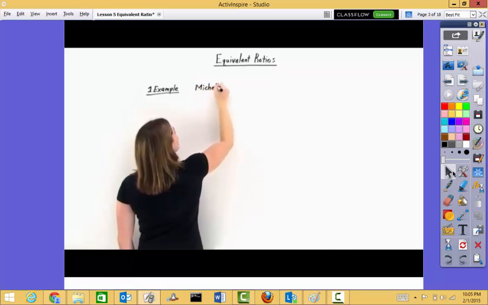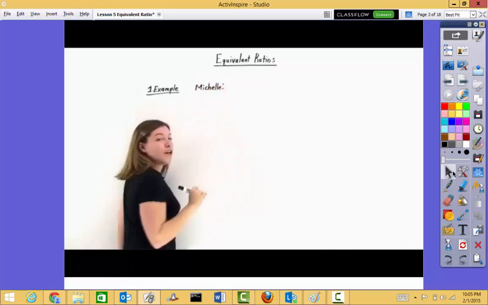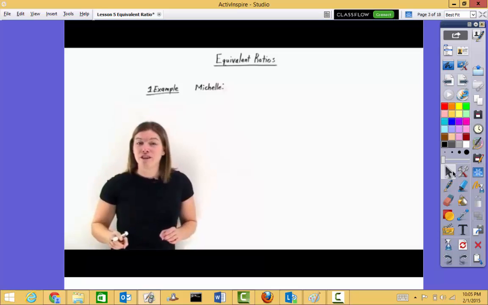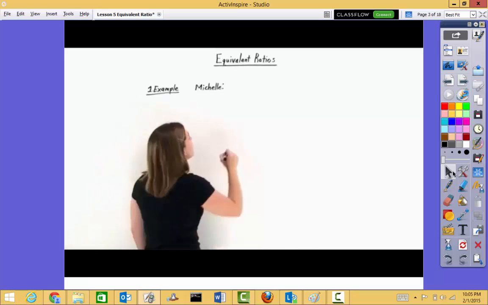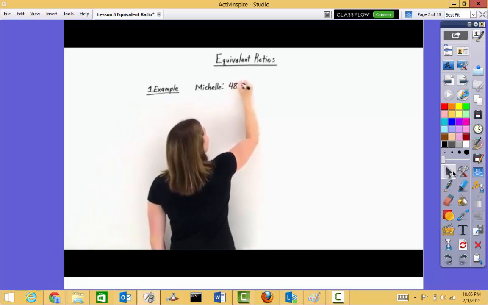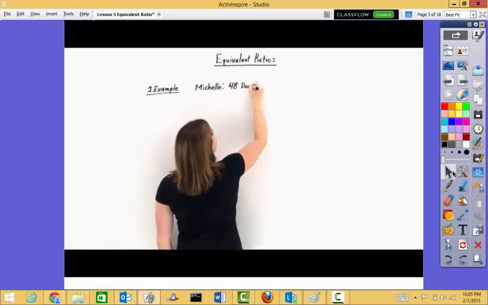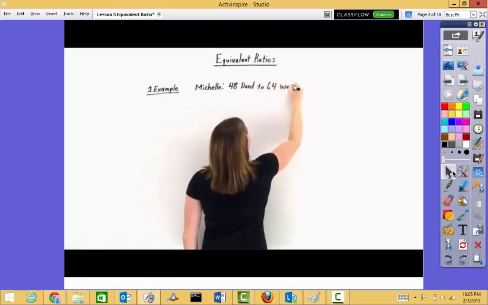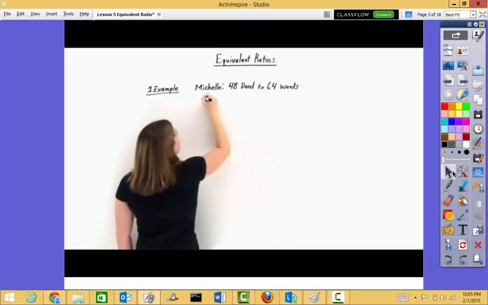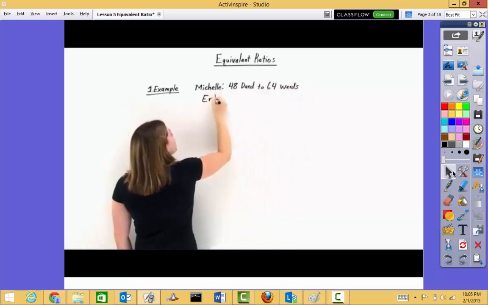First, we'll take a look at Michelle's. According to our problem, Michelle pulls 64 weeds, 48 of which are dandelions. And we want to write this as a ratio of dandelions to weeds. That means we have 48 dandelions to 64 weeds. Just like that. Now what about Eric's ratio?